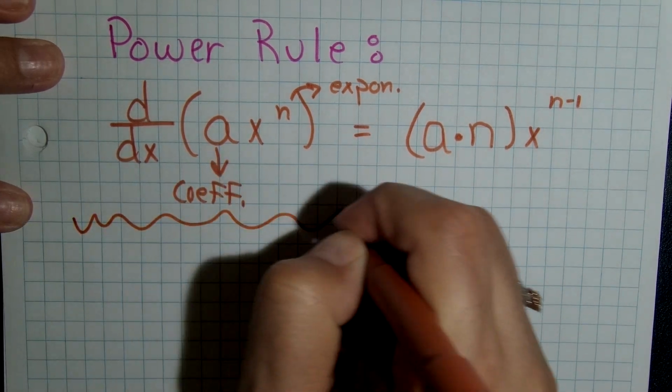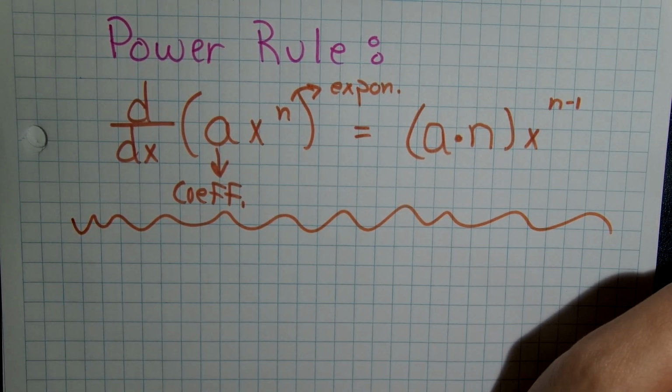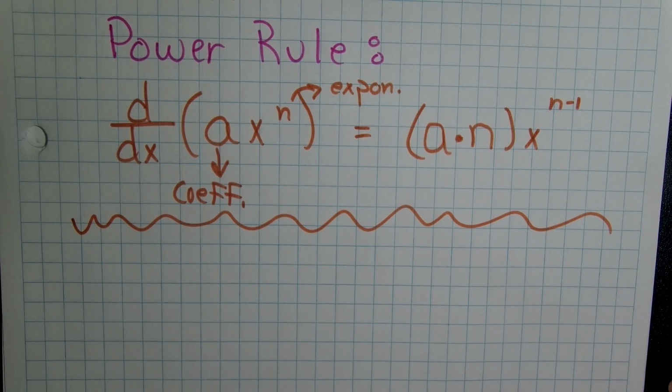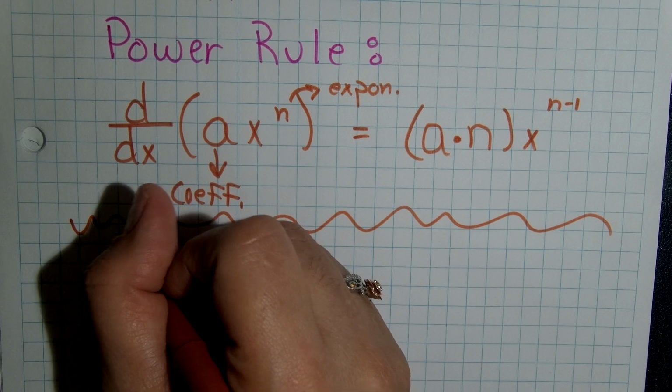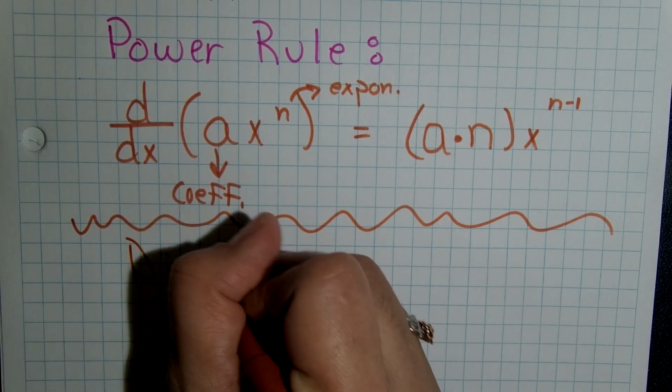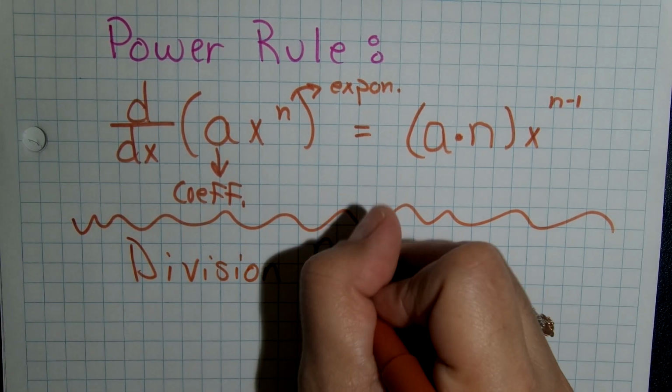We need a few more rules, but these are not derivative rules. These are rules that we've had since freshman year, hopefully. What right now we're going to be using is the division rule for exponents.